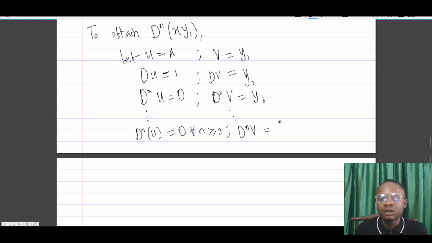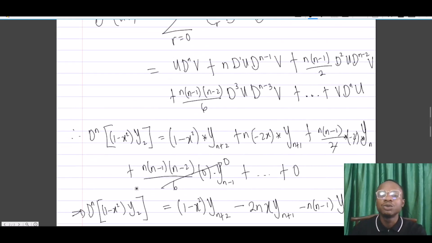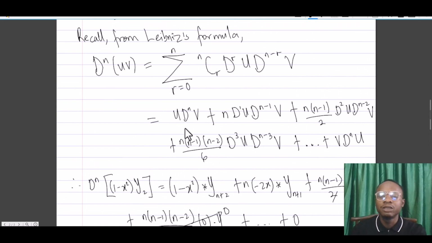The first derivative was y2, so this is basically going to be y sub n plus 1, right? So that's that about that. Then we now see that using the Leibniz formula, we don't want to rewrite it, we have it up there. So using Leibniz's formula, it will follow that the nth derivative of xy1 will be equal to, so just follow that formula. You know the first thing should be u multiplied by the nth derivative of v.